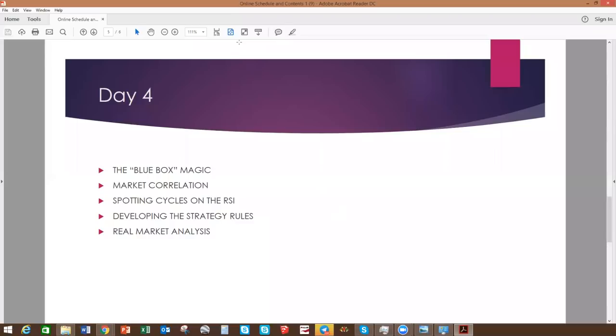The most interesting thing about this course is the practical application, where we talk about the blue box magic, how we project the magic blue box and the reversal area, and market correlation. Something that excites me a lot is spotting cycles on the RSI. This is an additional indicator that we use with the Elliott wave theory.